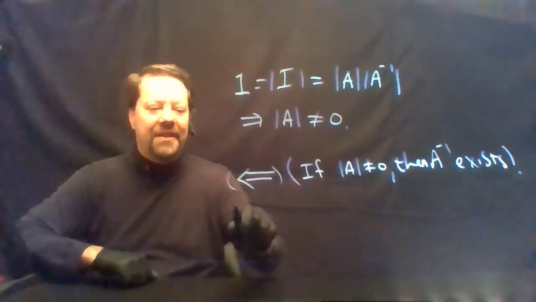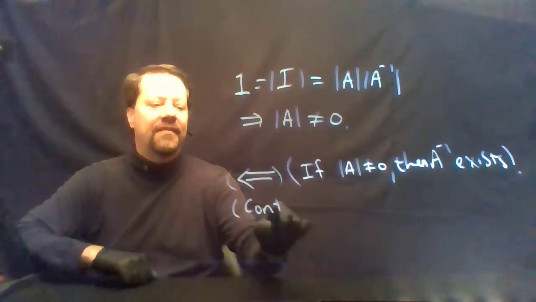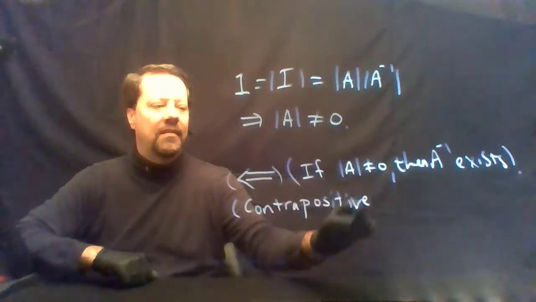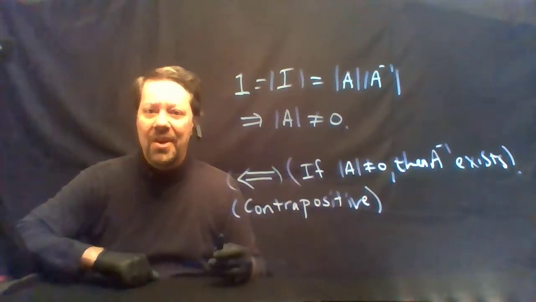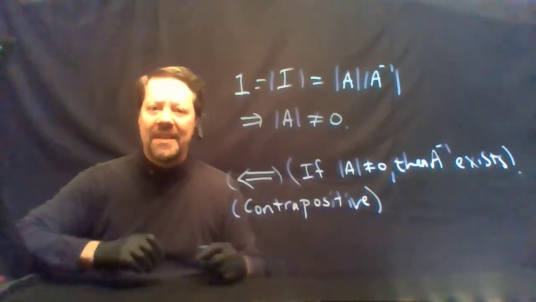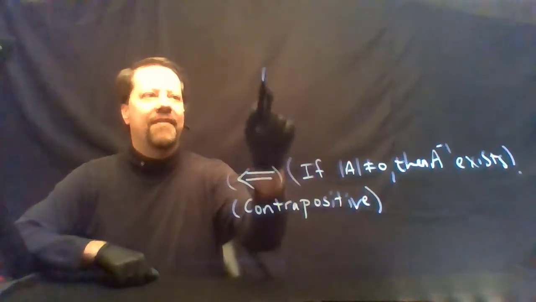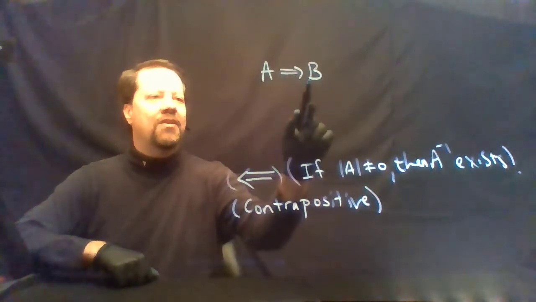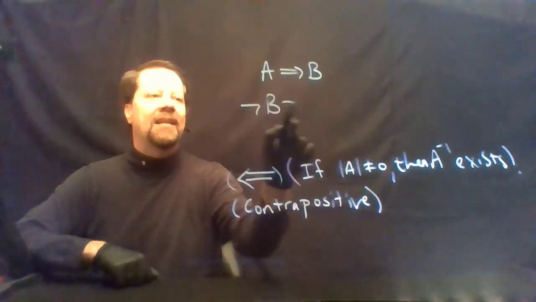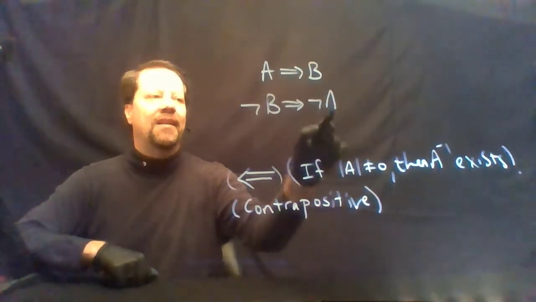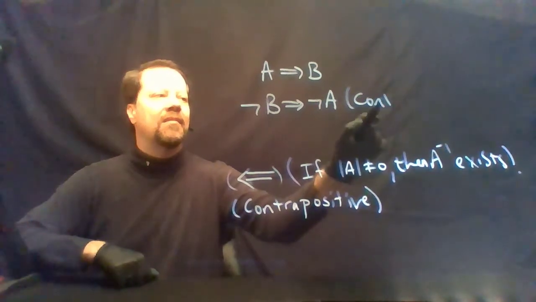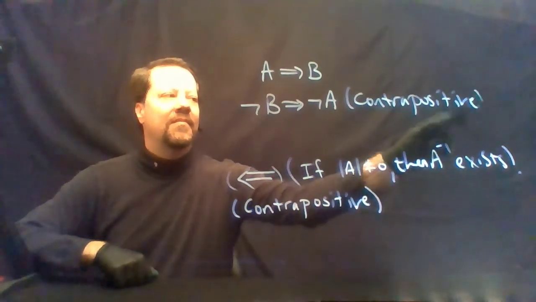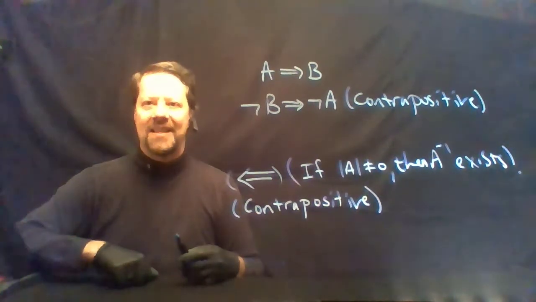We're going to prove this by contrapositive. It's important that you know what the contrapositive of a statement is. If I have a statement A implies B, then the contrapositive is not B implies not A. Let me give you an example.